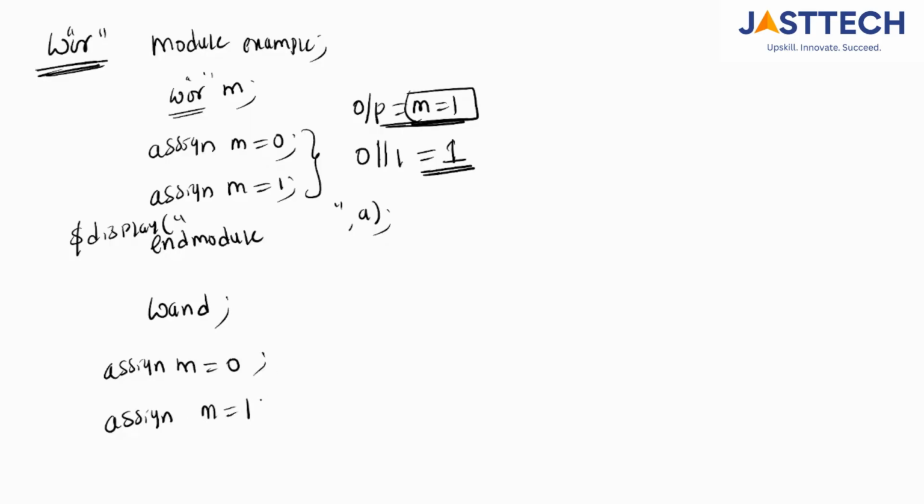It will do the AND operation, 0 AND 1, which means m equal to 0. Is it fine? Net data type, what is the difference between wire, var and wand? Shall I move forward?